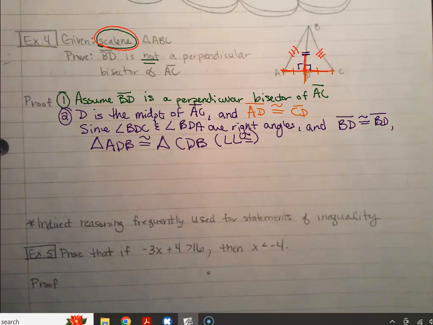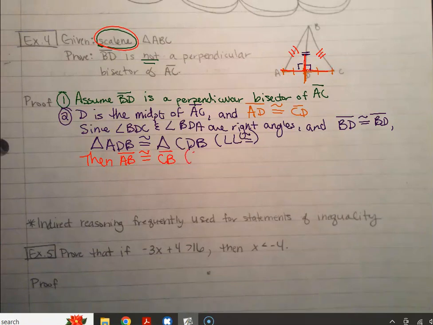So we would say then, let's see, how do we want to say that? Since they're right triangles and the triangles are congruent, then segment AB would be congruent to segment CB, right?